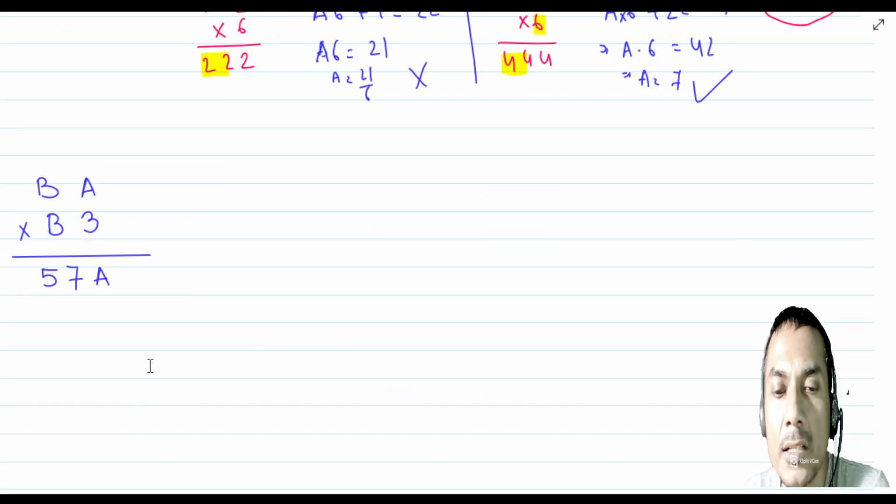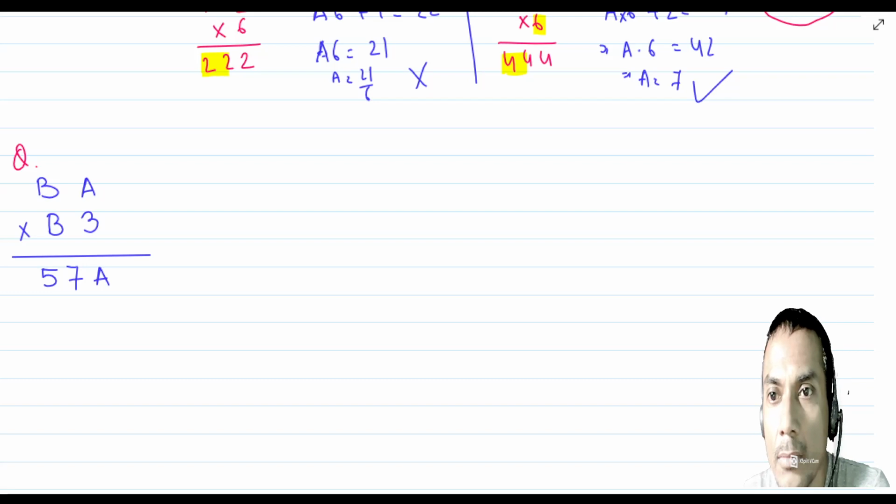Now we discuss the last question and its answer. So this is a 2-digit number, another 2-digit number, and we get a 3-digit number. So there is a carry forward, may or may not be, right?